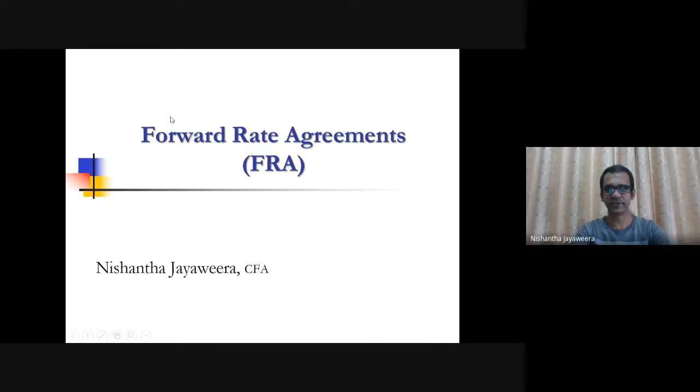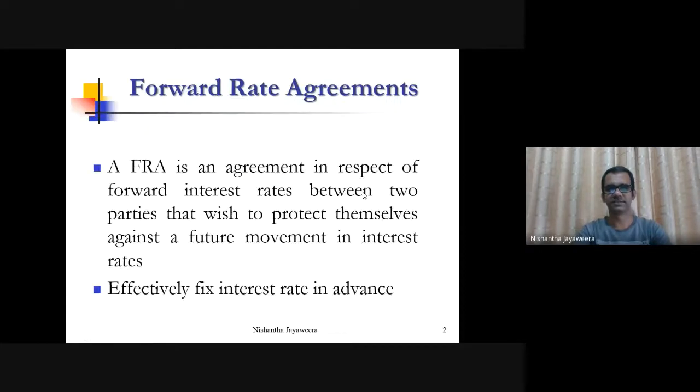That is the forward rate. So agreements are contracts on the future interest rates.